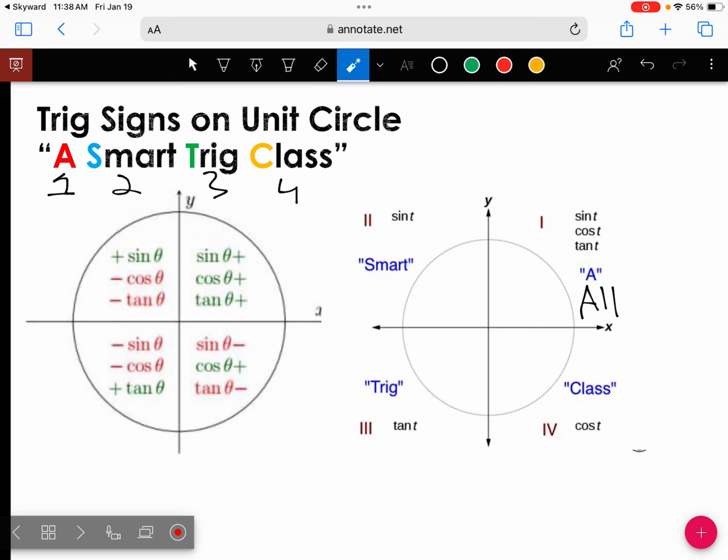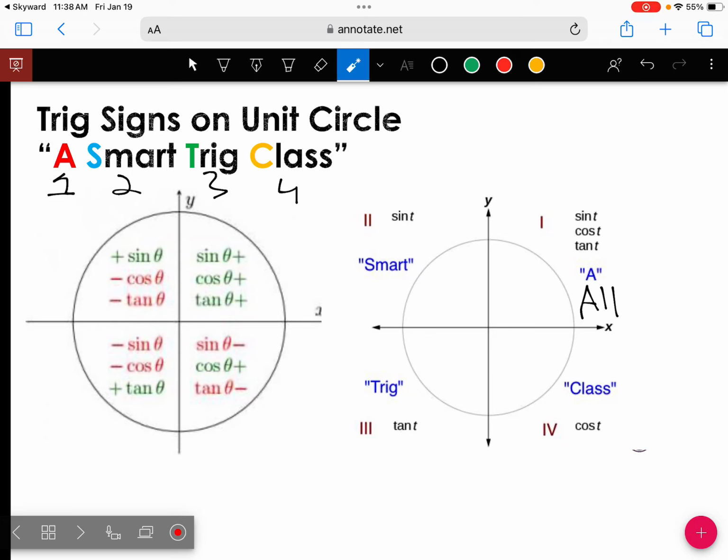Because by remembering sine, cosine, and tangent, when they're positive and negative, you actually get all 6. Whenever sine's positive, cosecant's going to be positive. Whenever cosine's positive, secant's going to be positive. And whenever tangent is positive, cotangent's going to be positive. Does that make sense? We good with that? Good.